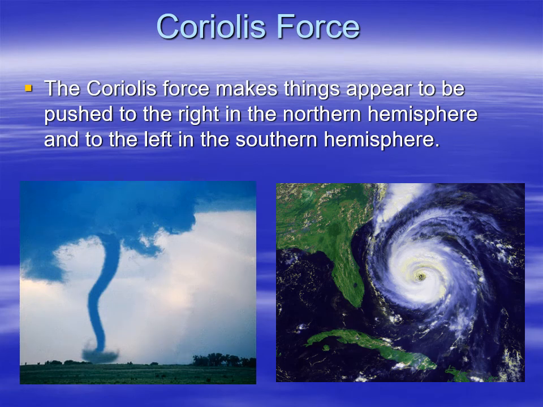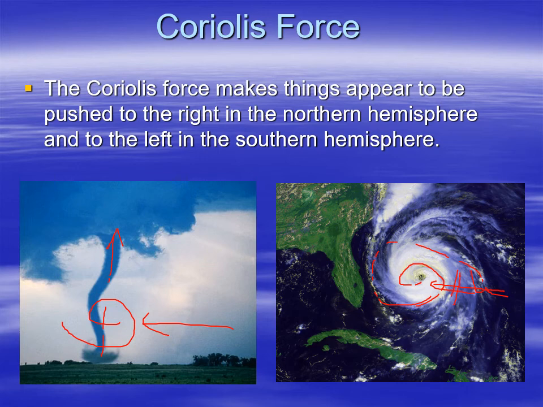Examples of this would be a hurricane. In a hurricane, the air can't just go straight in, it gets pushed to the right, and so it spirals in, in a sort of counterclockwise fashion. Likewise, in a very low pressure region like a tornado, air is being pulled up really rapidly, and so it spirals in a counterclockwise fashion.